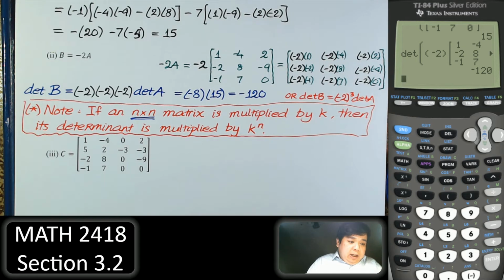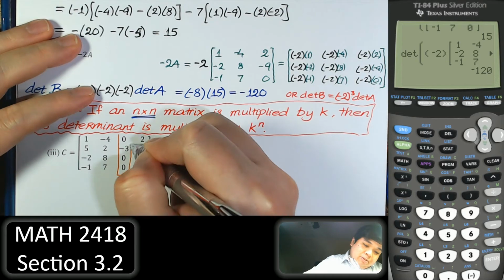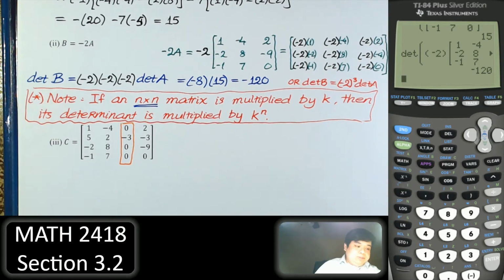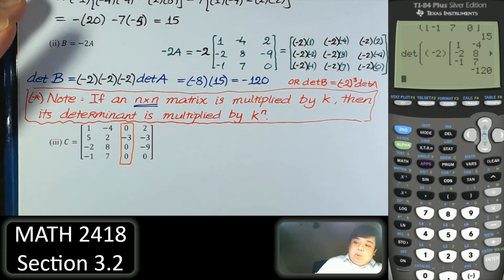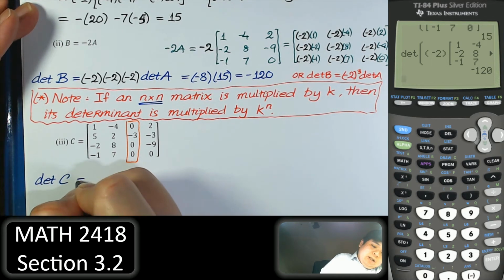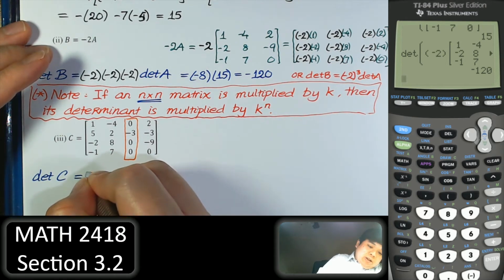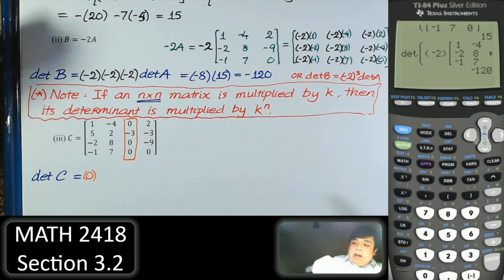Right. Matrix C. There's nothing special about this. Well, at least we see a bunch of zeros. So let's just evaluate along this column. So the determinant of C is equal to, I'm going to write out 0, it doesn't matter.